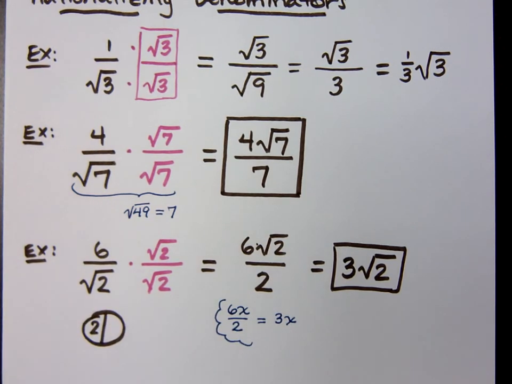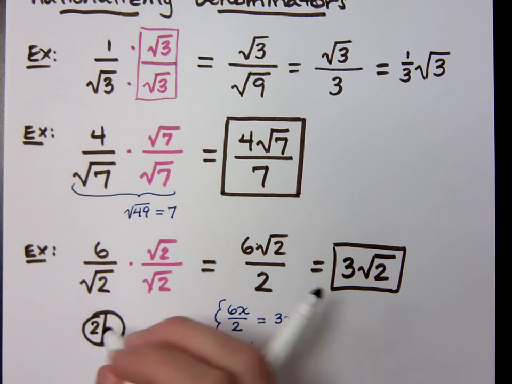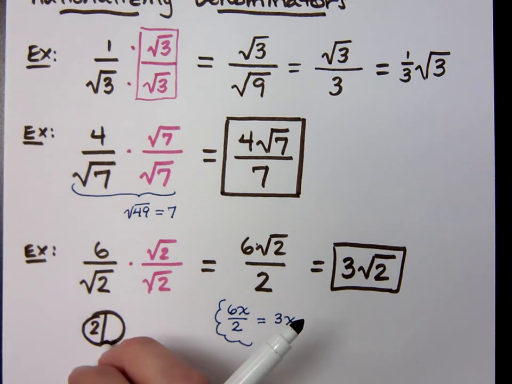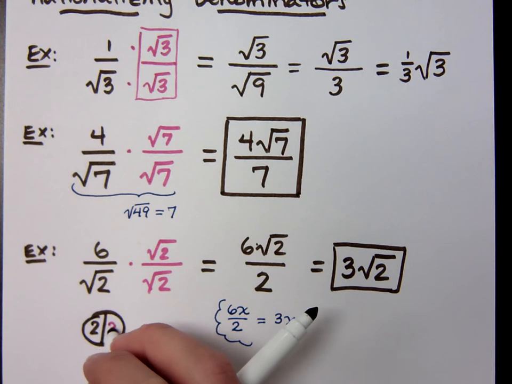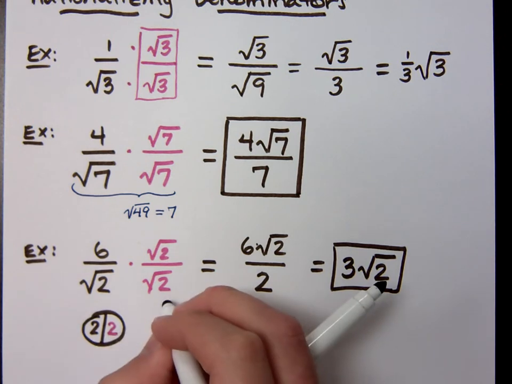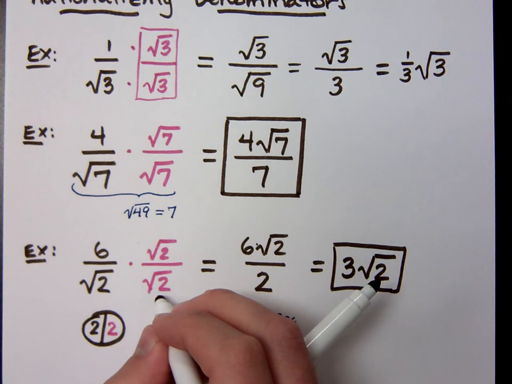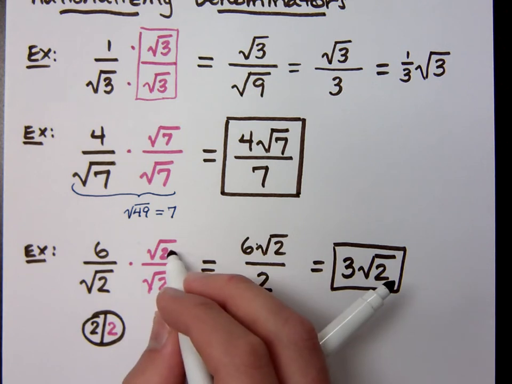But I want to create something that's a perfect square so that it completely simplifies out of the radical. Well, what factor would be missing to complete this guy so that he is a perfect square? He's missing a factor of 2, and that's what I put here in magenta. So if I put it here in the denominator, that would change my problem, unless I also adjust the numerator by the same factor.